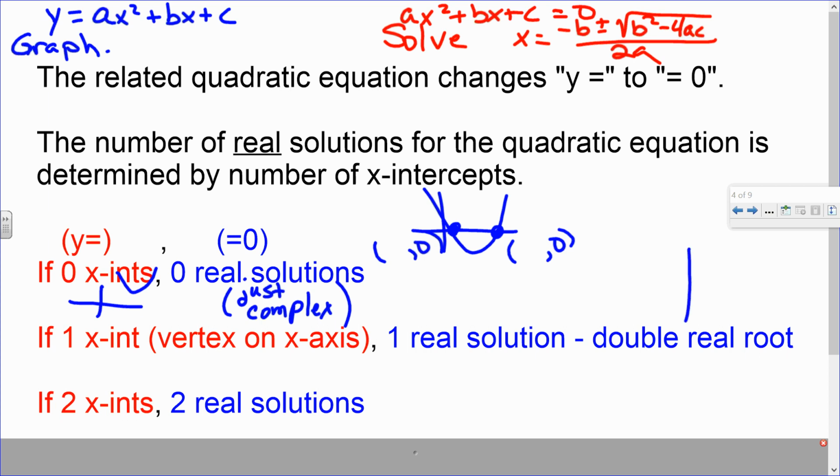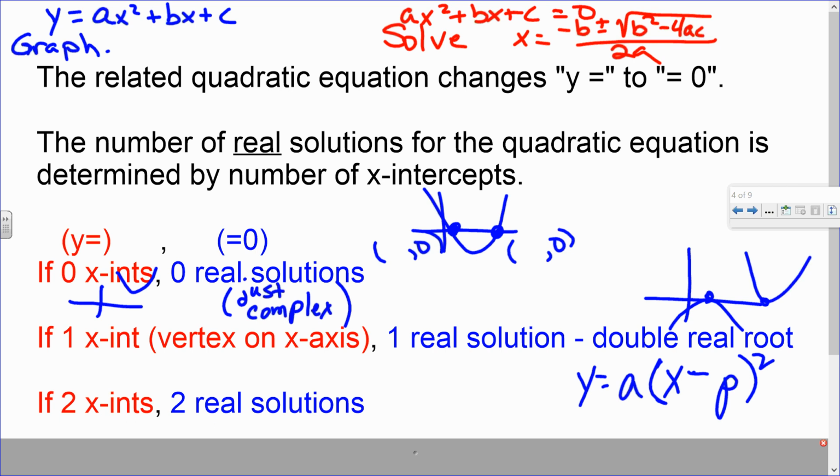If I have one x-intercept, that means I have a perfect square. If I were to factor the quadratic, I'd have a parentheses squared. So if I solve by factoring, I'd get the same answer twice. That's called a double root. That's when the vertex, whether opening up or down, is right on the x-axis. So you get those connections between them.